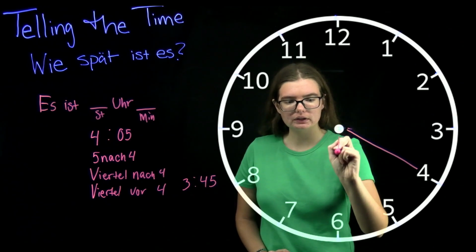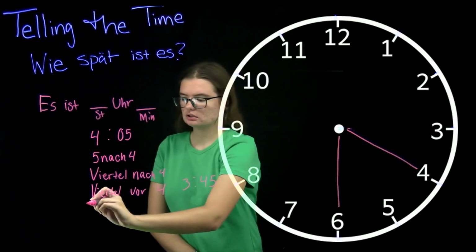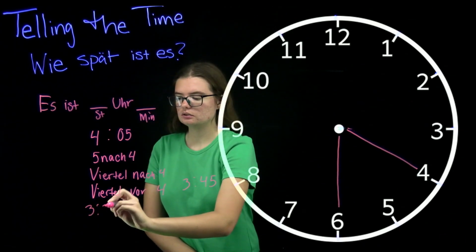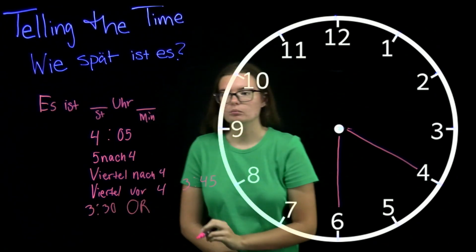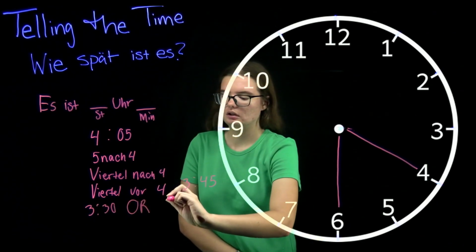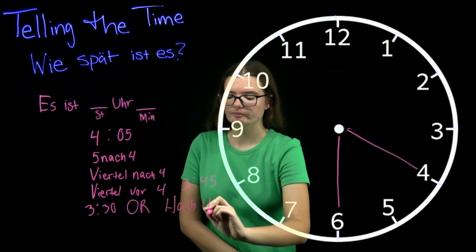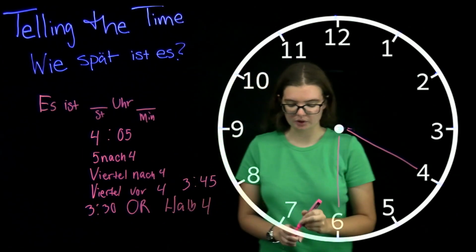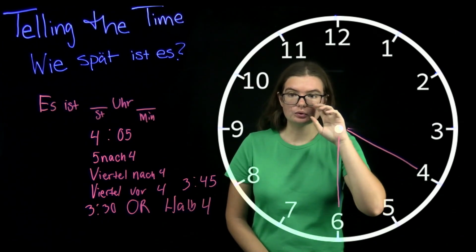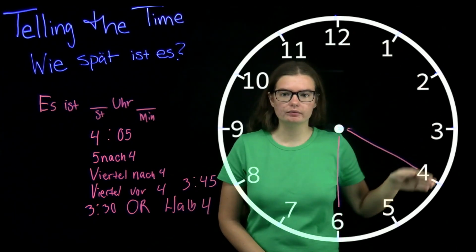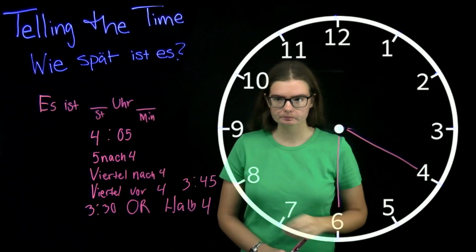So if the clock read like this, you could say "es ist 3 Uhr 30," or more common is "halb 4," half of 4, because we're actually not talking about 4:30, we're talking about half of the hour going into 4, so 3:30.